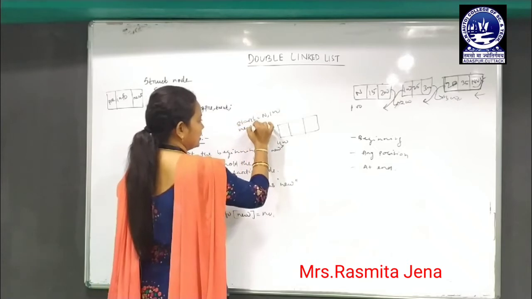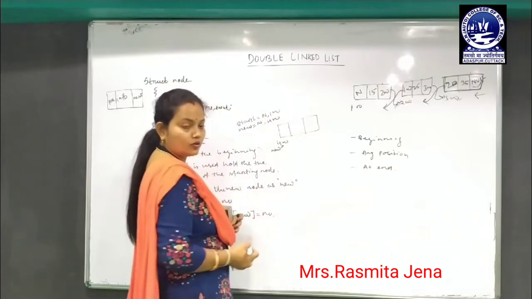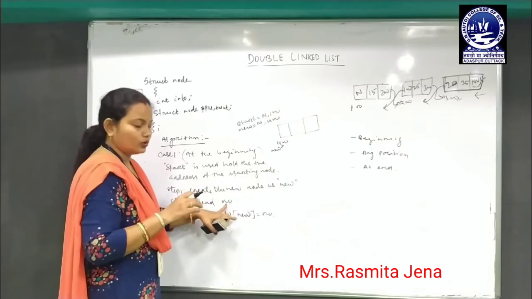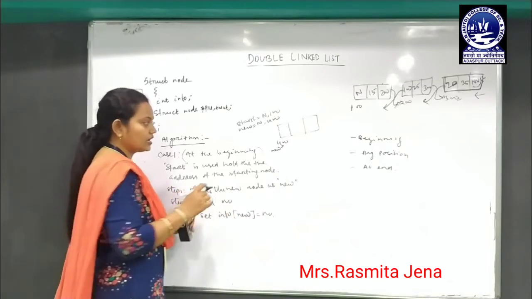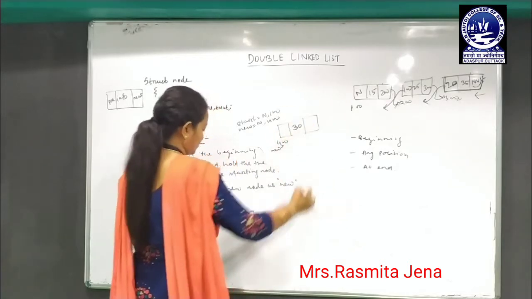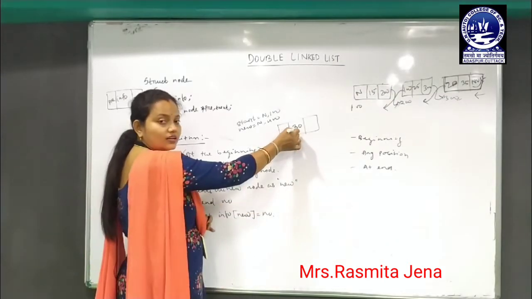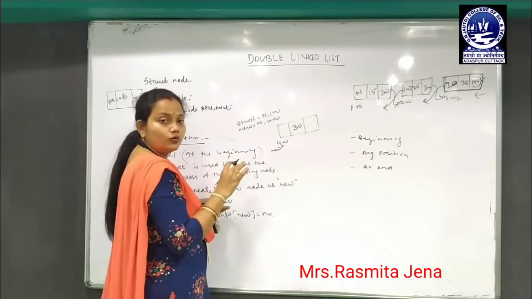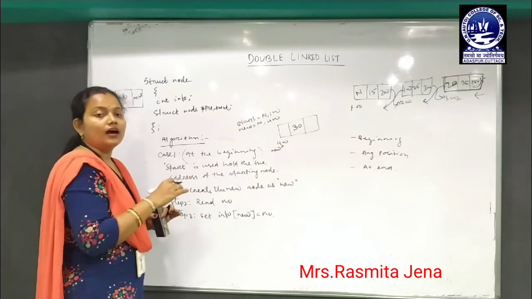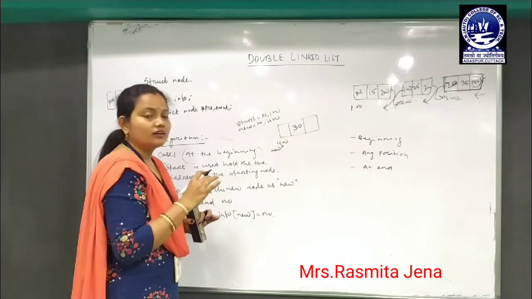That means initially new is null, and when the node is created it becomes 400. I have to read the value of NO. Suppose NO is 30. Then set info part of new equals to NO means here I store 30 at the info part of the new node.